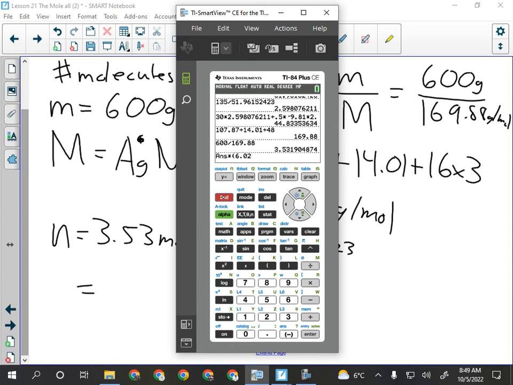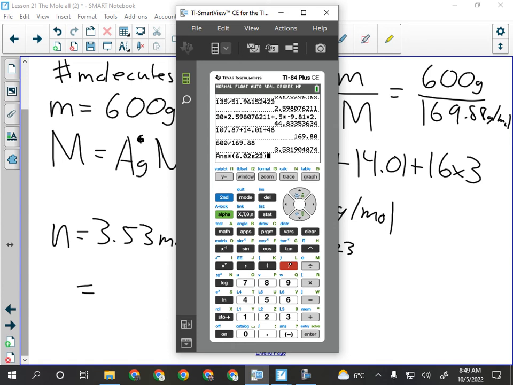Above the comma, the second function is two capital E's, just above it here. So I hit that, and then I put in 23, and then I close the brackets. That's how you enter Avogadro's number on a Texas Instruments calculator.